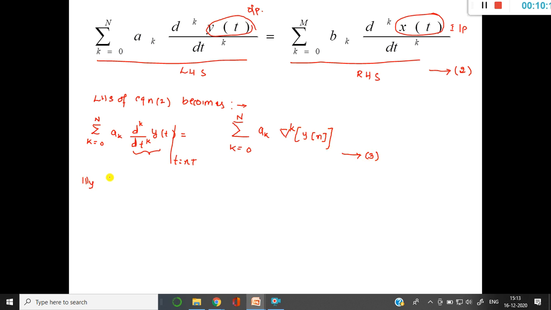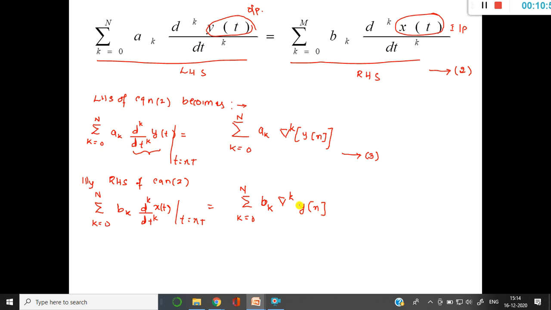Similarly, the RHS of the second equation can be represented as k equal to 0 to N, b k is the coefficient, d by dt of kth order, x of t, where t is sampled at nT, and this is going to be represented in this form, k equal to 0 to N, b k, by the backward difference method. Let me call this equation 4.